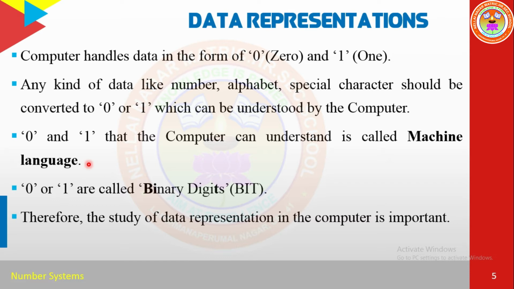Computers usually handle data in the form of zeros and ones. These zeros and ones are called binary numbers. Why do we call zeros and ones binary numbers? Binary means two. Bi means two. What are the two values? One is 0, another one is 1.